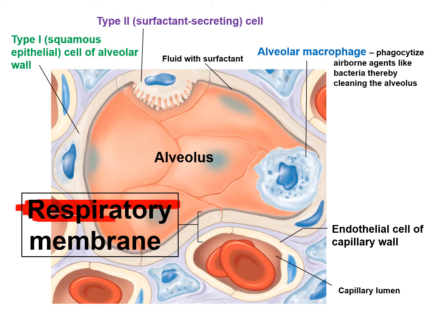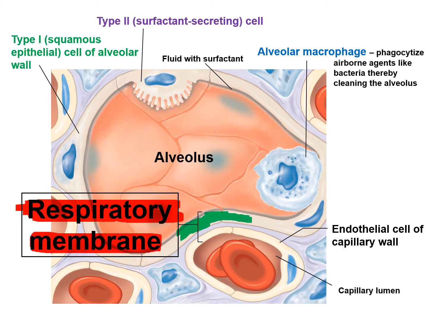It's a bit of a misnomer because this would give you the sense that this is just a singular structure, membrane versus membranes. But the reality is that this respiratory membrane is actually more than one single membrane. It's actually made up of two membranes. And so we see here the membrane of the simple squamous cell, making up the wall of the alveolus.